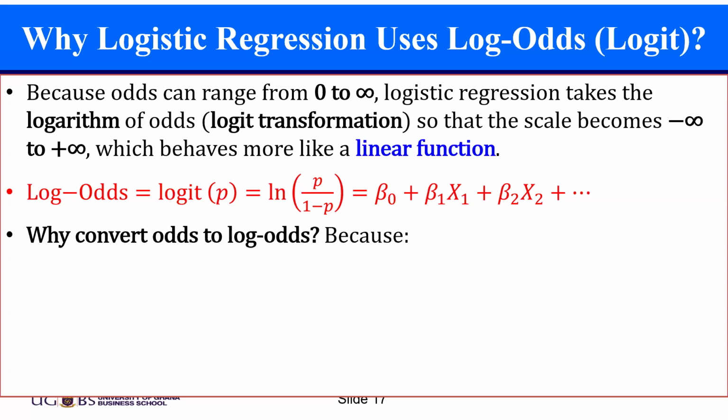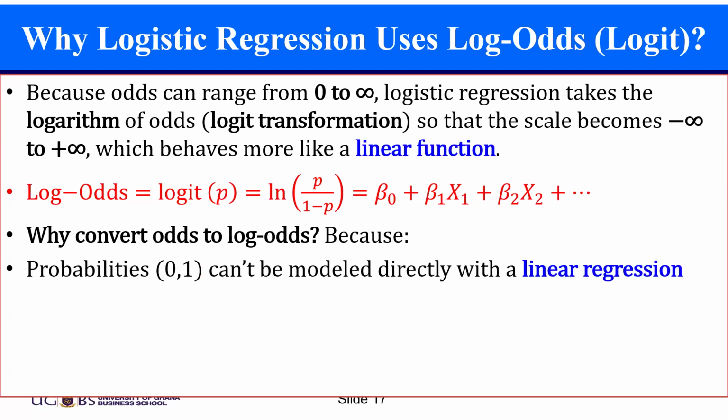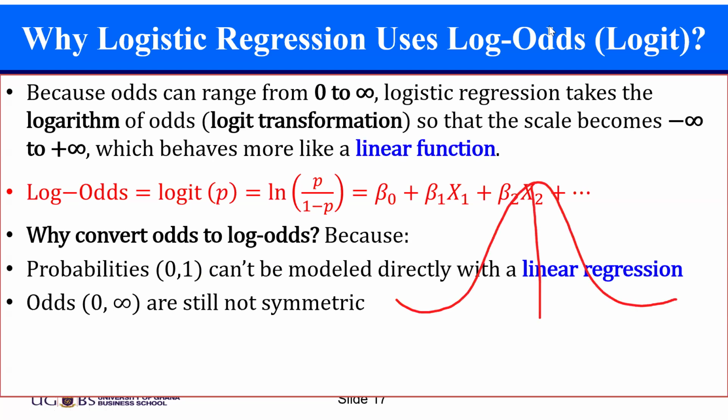And I've answered this already. Why do you convert the odds to the log of the odds, or the log odds? The reason is this. One, probability is between 0 and 1, and so you cannot model it directly using a linear regression. Two, the odds are between 0 and infinity, so that is still not symmetric. For it to be symmetric, it should be between negative infinity and positive infinity, because any symmetric function, like a bell-shaped function, has 0 in the middle and goes from negative infinity to positive infinity.